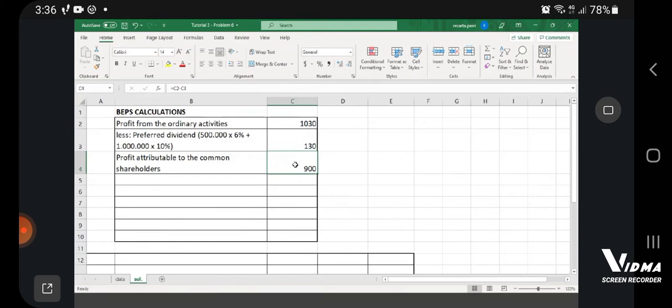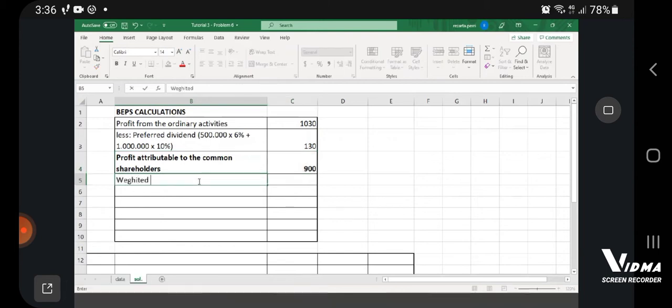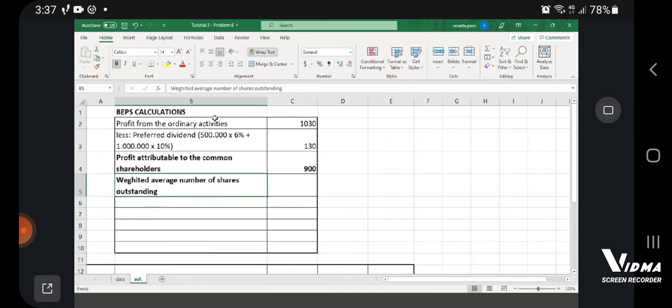So simply we are calculating the amount of profit attributable to the common shareholders, and this is actually the numerator of the formula for basic earnings per share. Now we have to calculate the weighted average number of shares outstanding during this period. This is the next item we need to calculate.